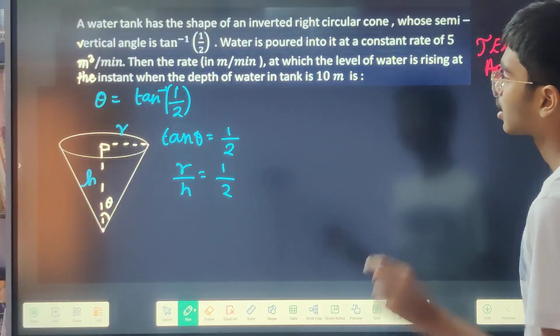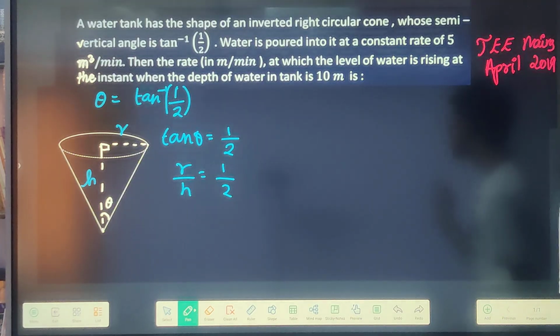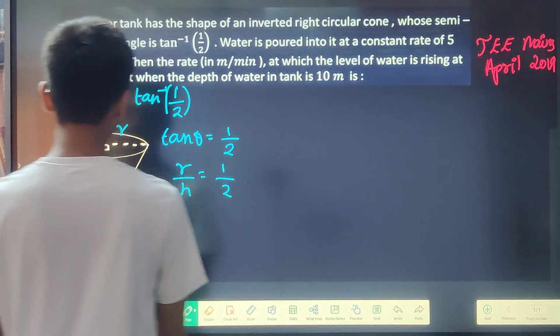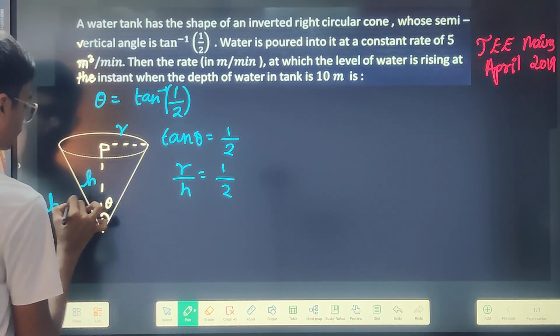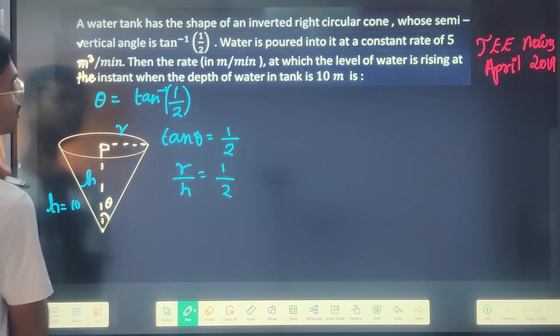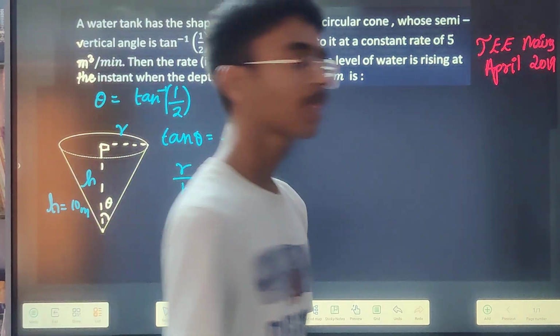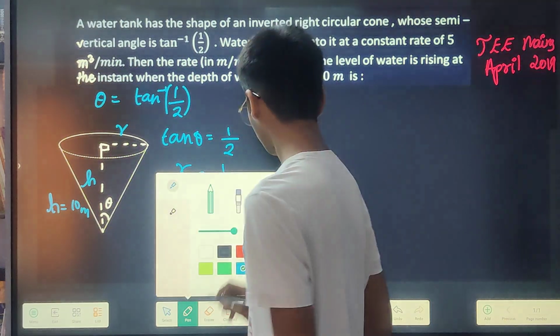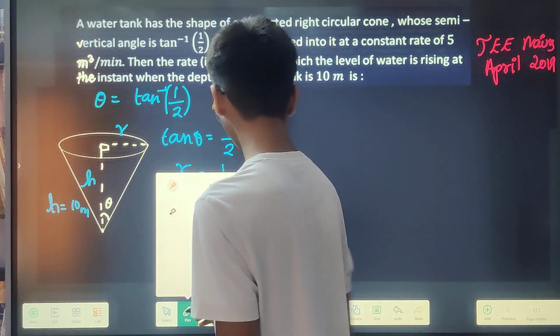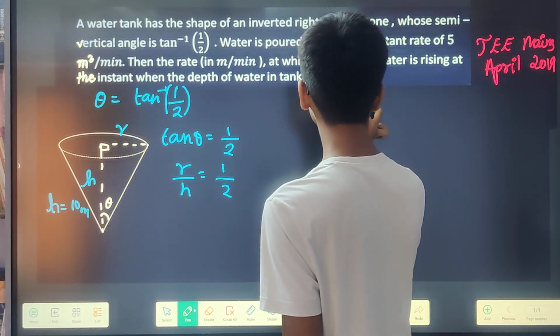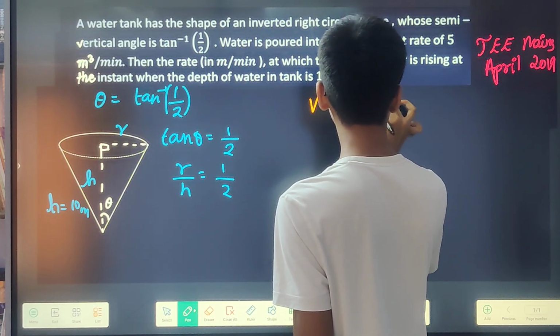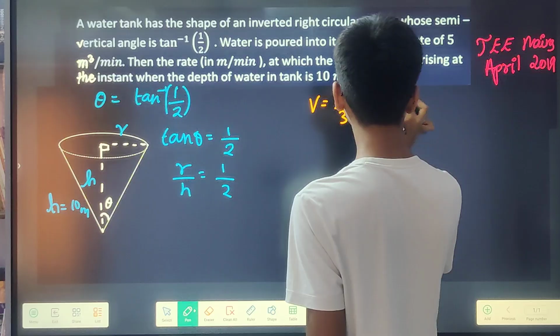And in that particular instance, where h is equal to 10 meters, they have given the volume. Volume is equal to 1 by 3 pi r square h.